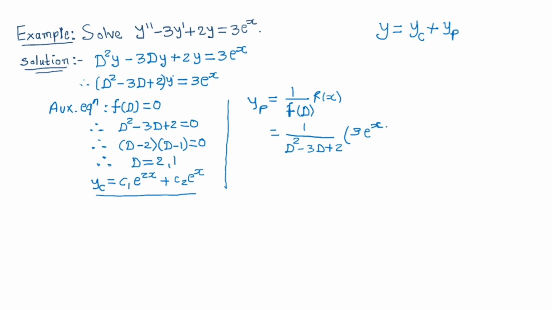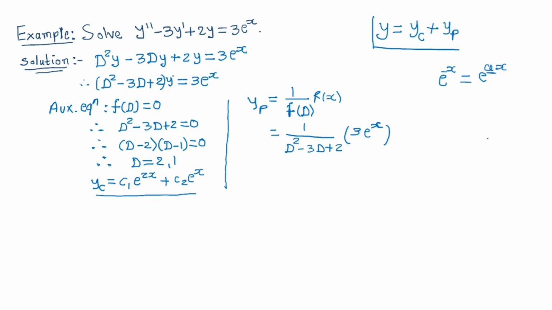As per our shortcut method 1, we are supposed to compare our forcing function with e raised to ax. Comparing e raised to x with e raised to ax, my a has value 1. Here the coefficient of x is 1 and in the standard form it is a.